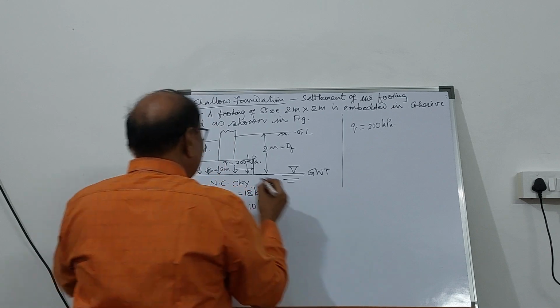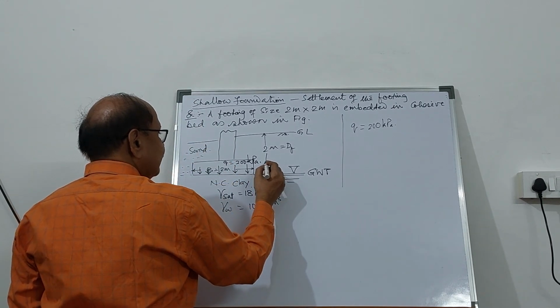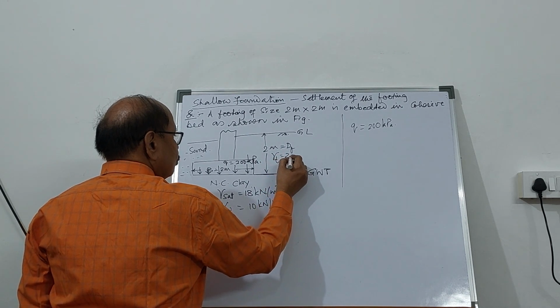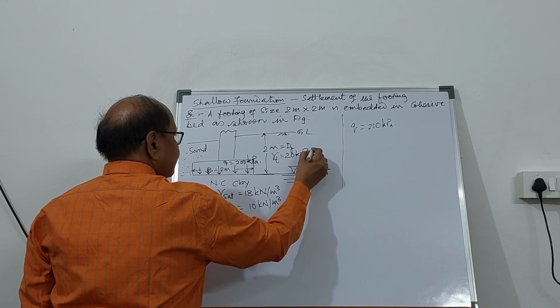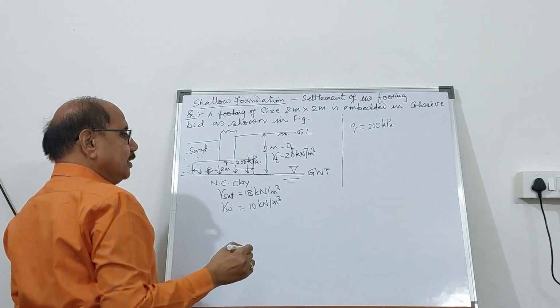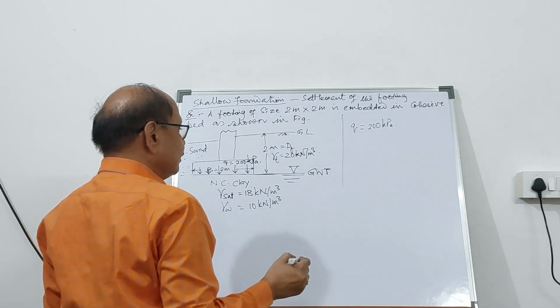And this sandy deposit above the base of the footing has got gamma T equal to 20 kilonewton per cubic meter. The depth of the footing is given to you as 2 meter, and the width of the footing is going to be 2 meter.